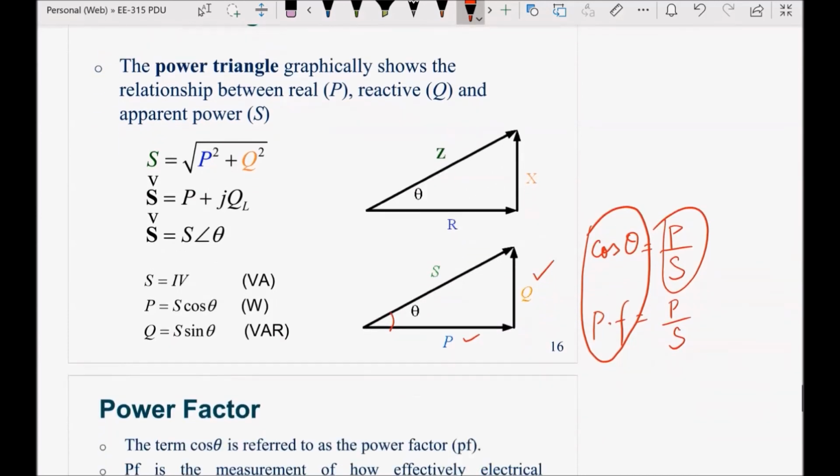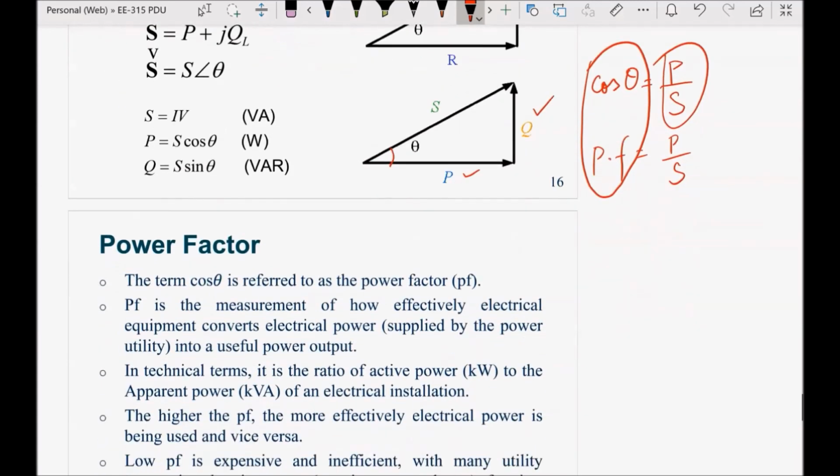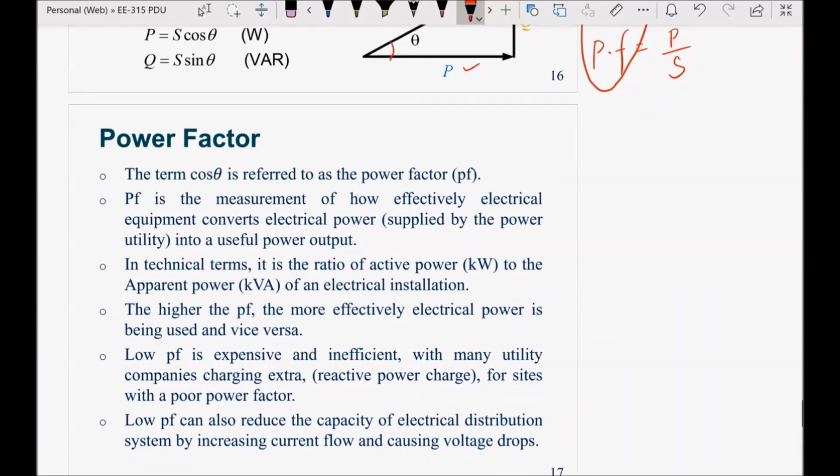We understood the concept of power factor, what is power factor, and now we will discuss some features of power factor. It says that the power factor serves as a measurement to check how well the electrical equipment is performing and converting the given power into something useful. The higher the power factor, the higher the efficiency is going to be.